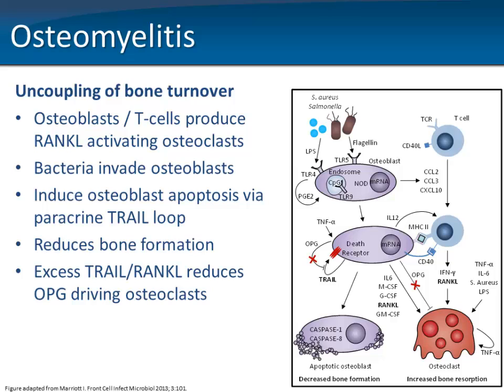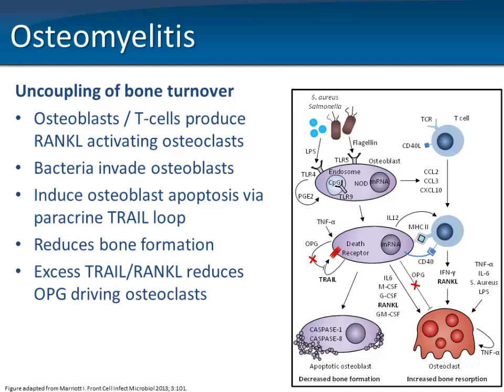Unfortunately, it doesn't stop there. What this in fact does is it uncouples bone remodeling, and I will show you how. Because of course, when an osteoblast is invaded or compromised by bacterial products, it will, as a kind of sense, eliminate itself from the environment because it senses something is wrong.